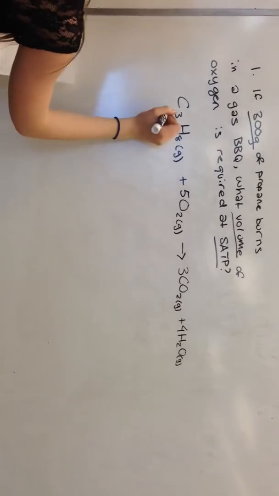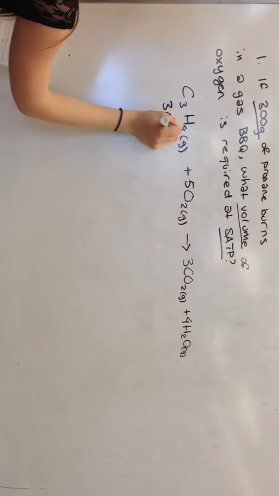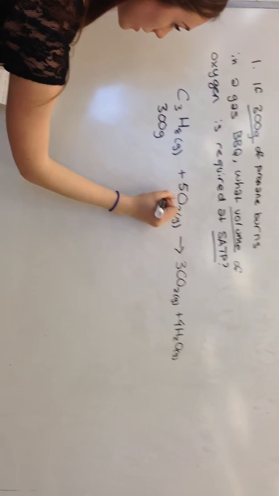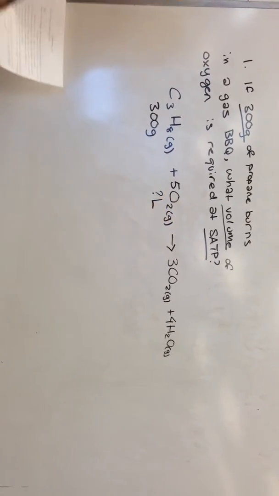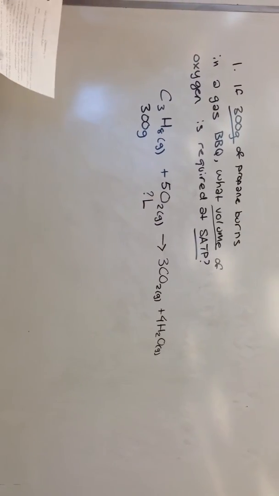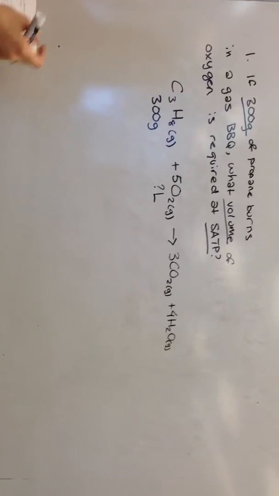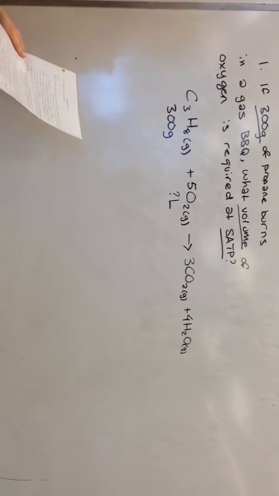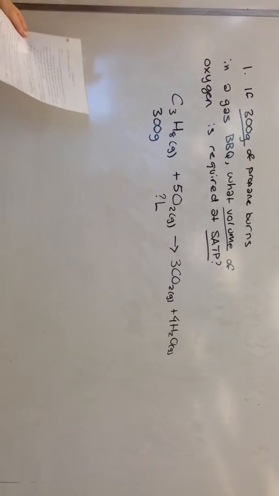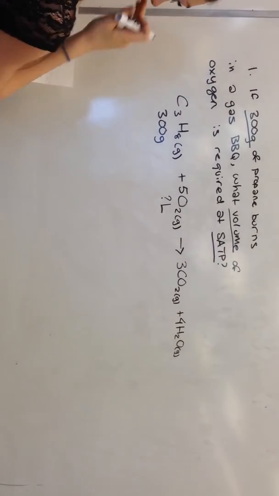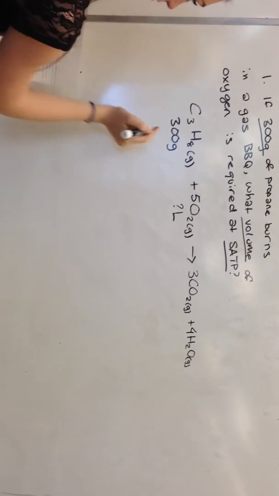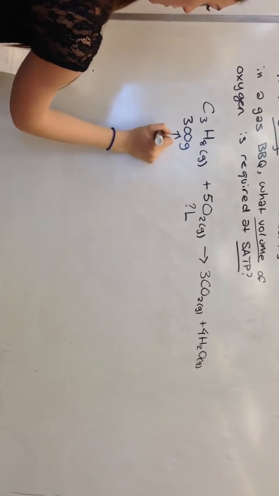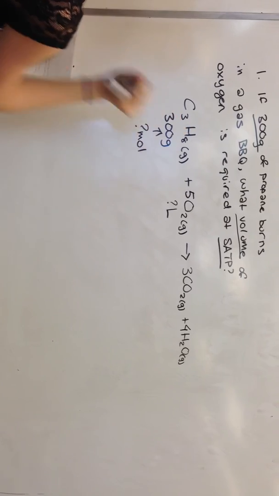Okay, so now we have 300 grams of propane, and we need to find the amount of oxygen in liters. Also notice here that all of the reactants and products are all gases. Okay, so in this question we need to find the number of moles of propane.